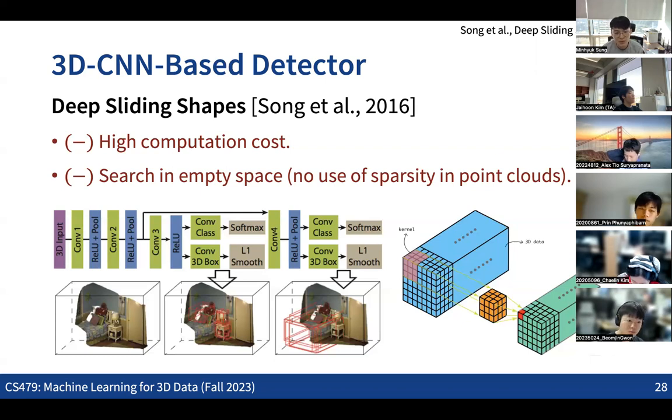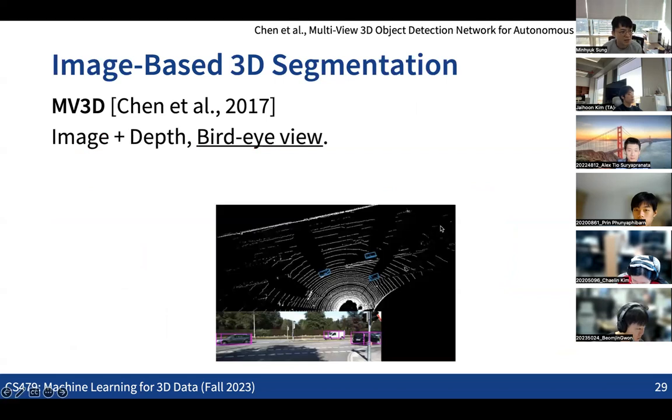So that's why we discussed the idea of making PointNet-like architectures that can directly process point cloud representations. Actually, the other way around, not using a 3D convolutional neural network, is to use image-based ideas.